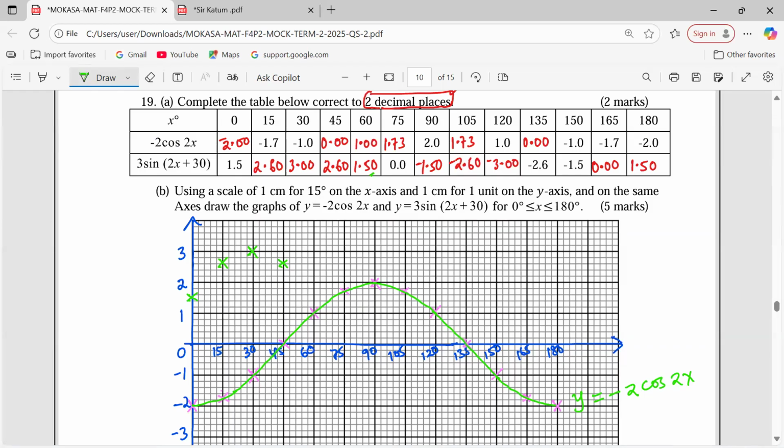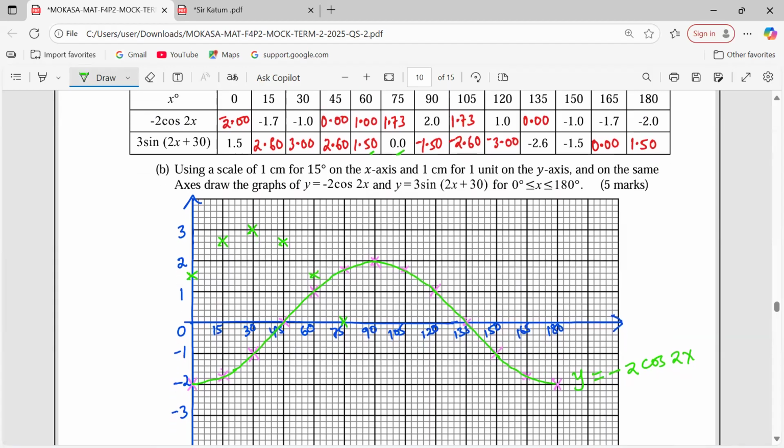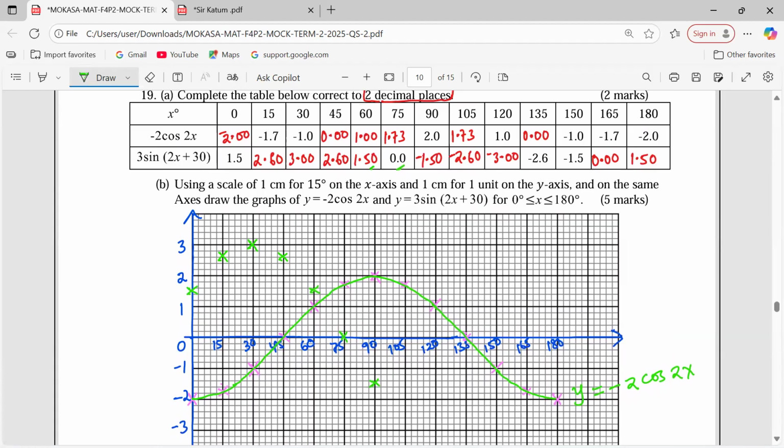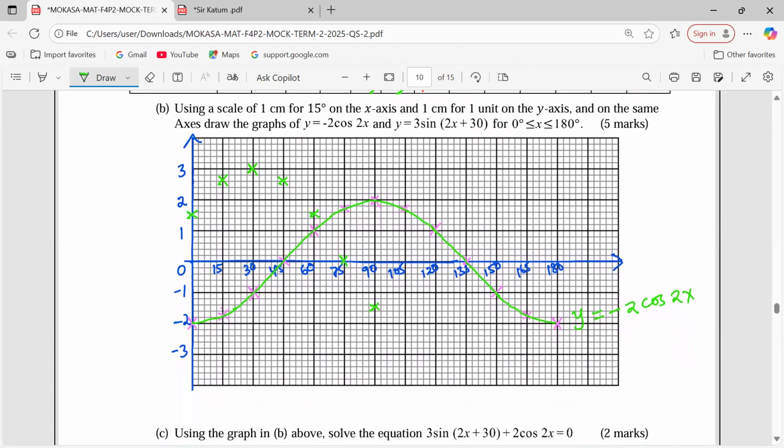(60, 1.5) should have been here, sorry. (60, 1.5). Then (75, 0) here. Then (90, -1.5). (105, -2.6), so -2.6 shall be there.